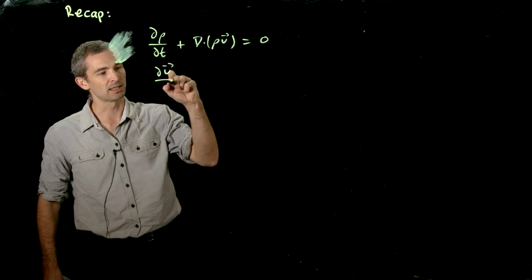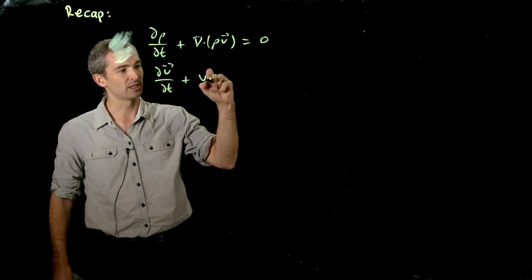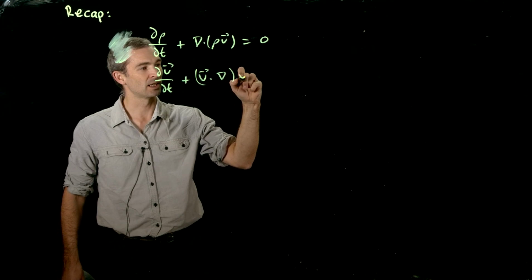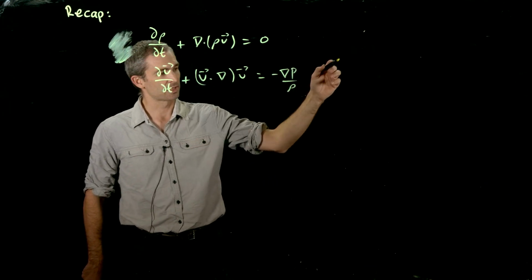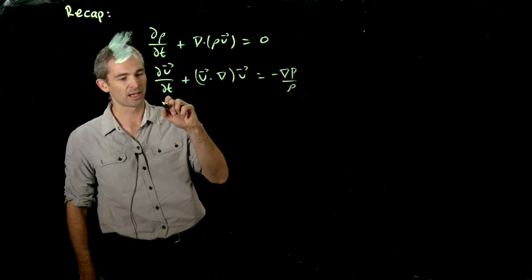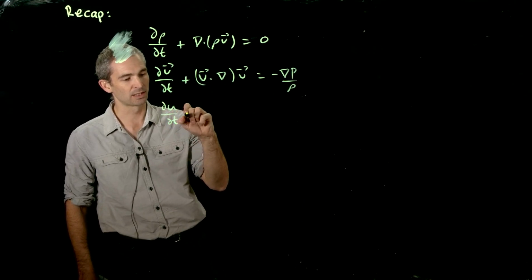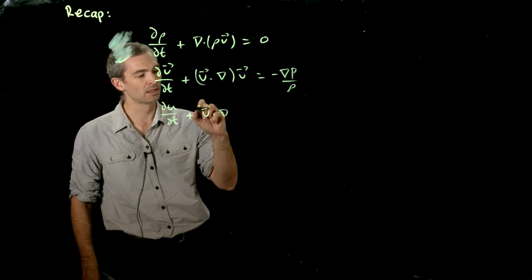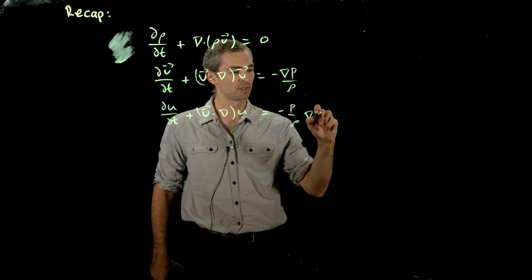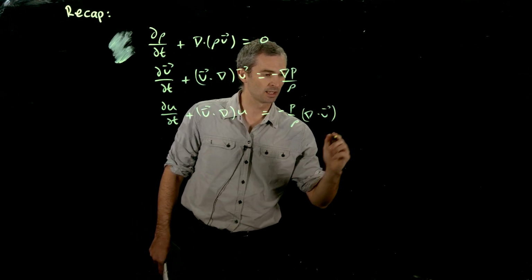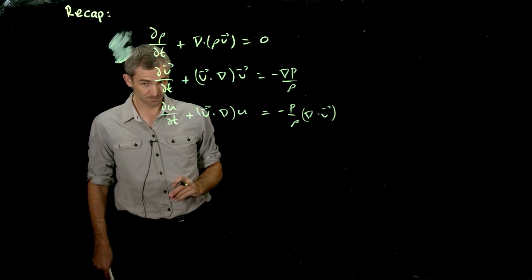We have dv dt plus v dot grad v equals minus grad p on rho plus external accelerations, and we have our energy equation, du dt plus v dot grad u equals minus p on rho div v plus heating and cooling terms.